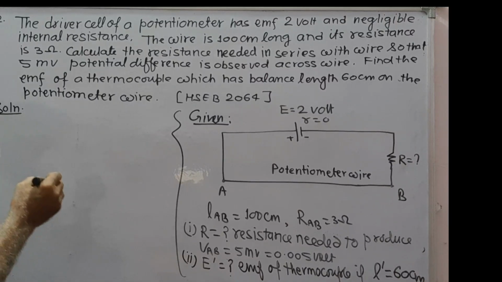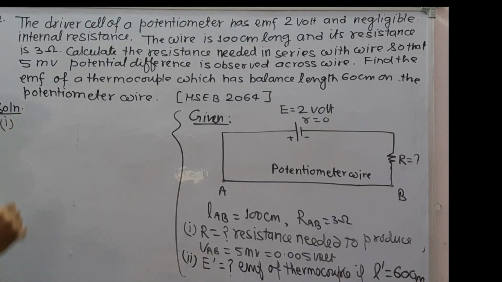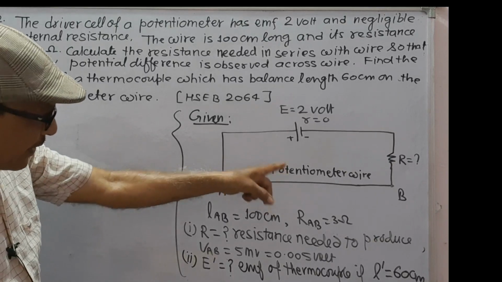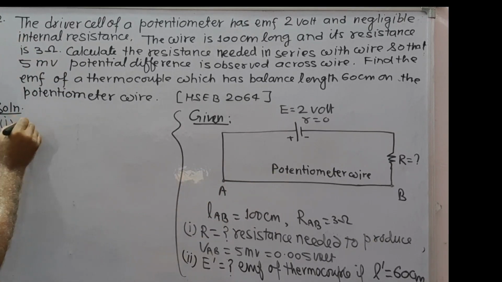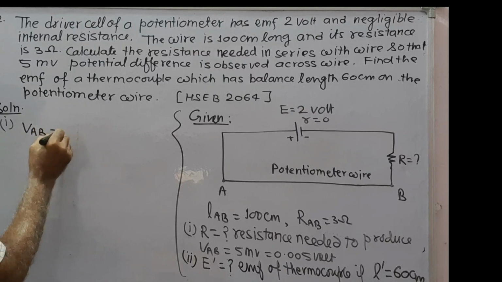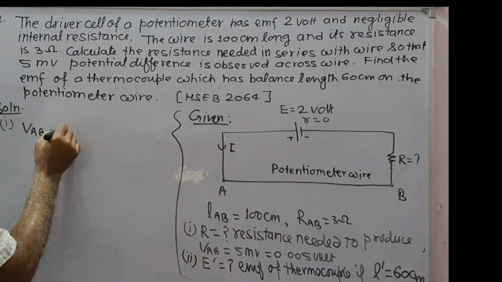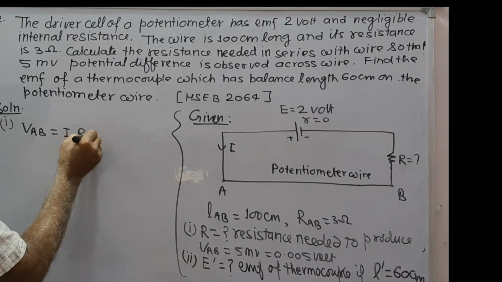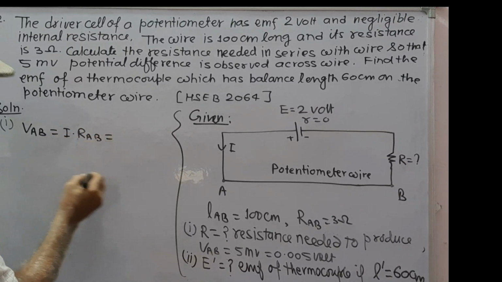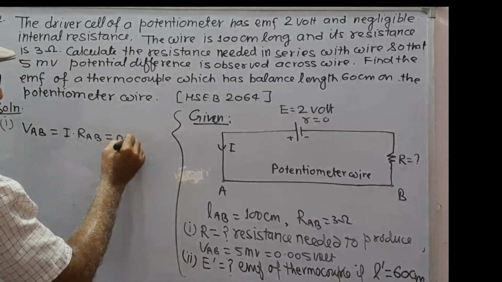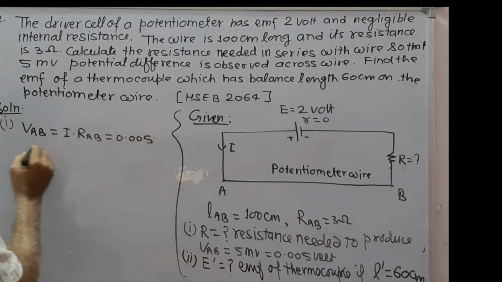Now solution. First, according to question, VAB is equal to, if current flowing is I, then I into RAB, which gives 0.005 volt.